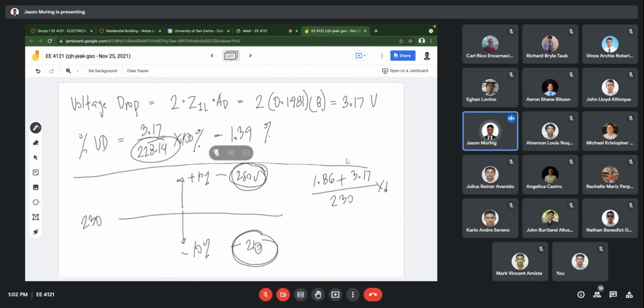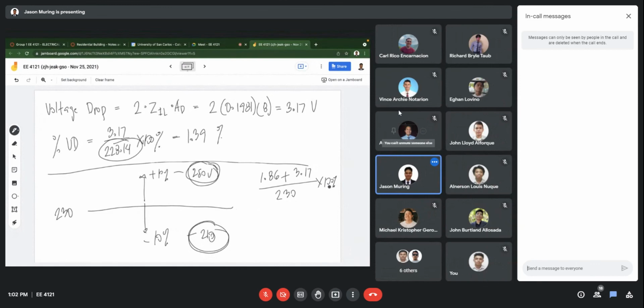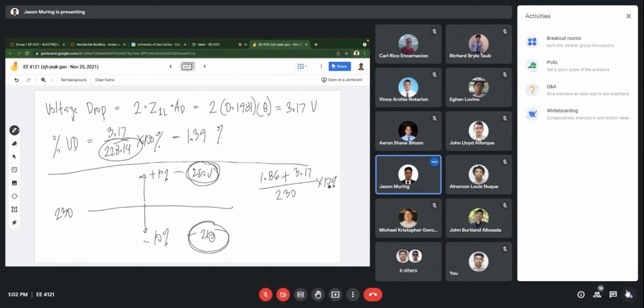That is what they would use in the formula, even if that is for the branch circuit already. 1.86 plus 3.17, times 100%. So the total percentage now is 2.18.